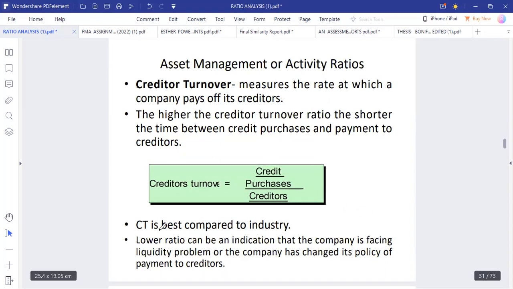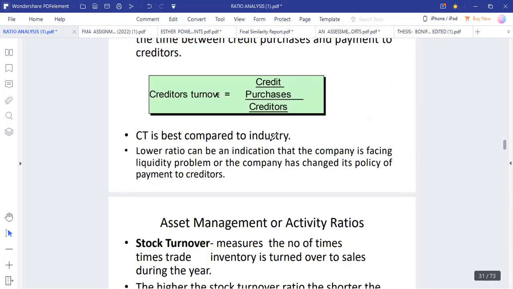So the creditors turnover is best compared to the industry average. So the lower the ratio, it shows that the company is facing a liquidity problem, or the company has changed the policy in payment of the creditors. So a lower ratio means you're taking too long to pay, but a higher ratio means you're taking a short period to pay.